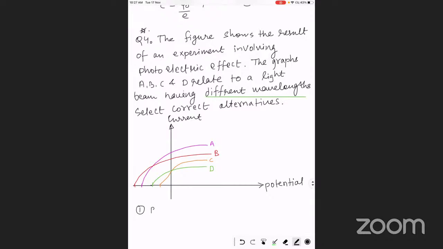The first is beam B has highest frequency. Second, beam C has longest wavelength.